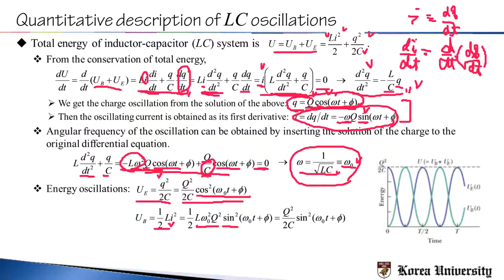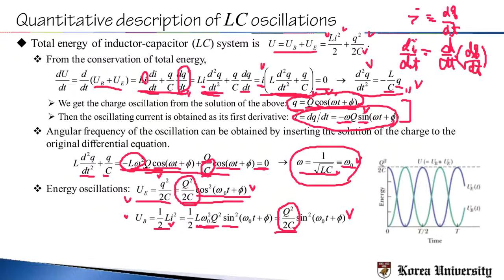If you use this, you figure out that this quantity is equal to Q squared divided by 2C. So this Q squared divided by 2C over here is the same as this. So these two energies oscillate like cosine squared and sine squared, so if you add them, it just becomes 1.